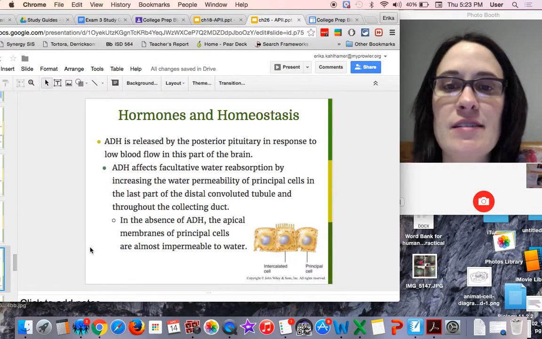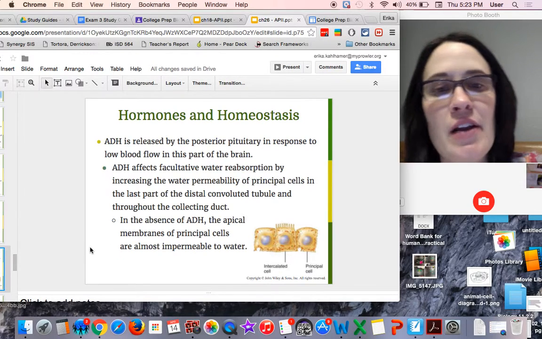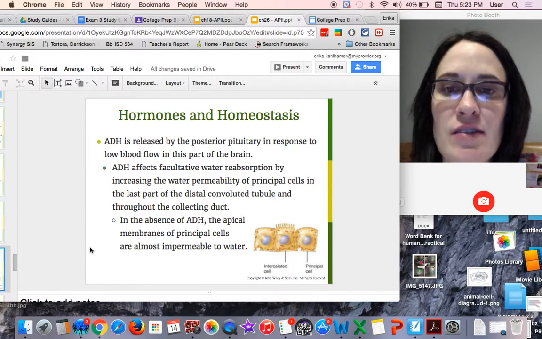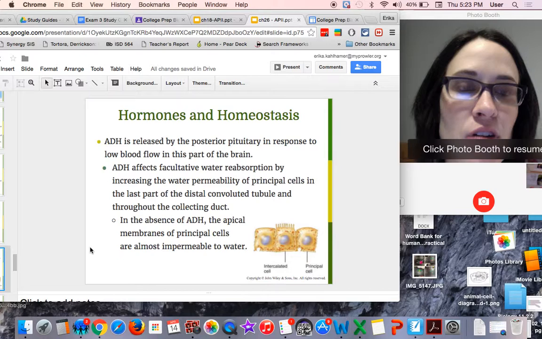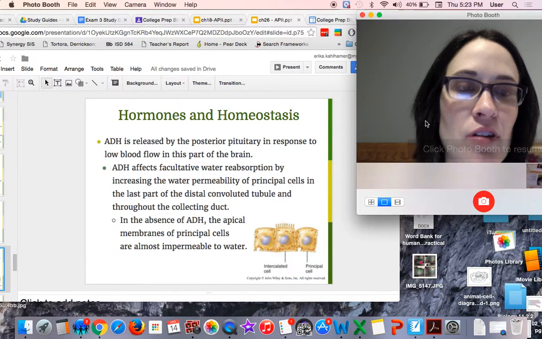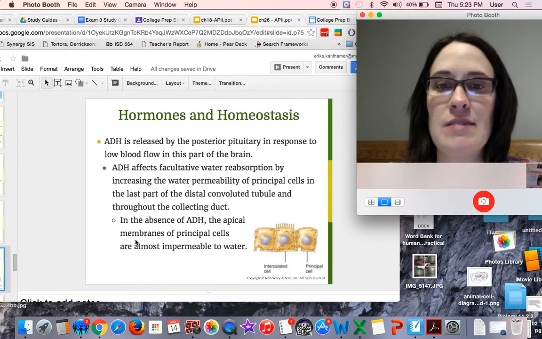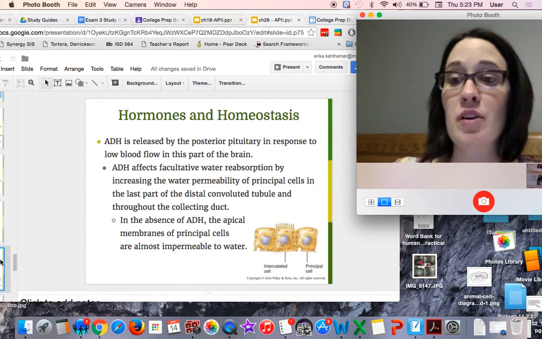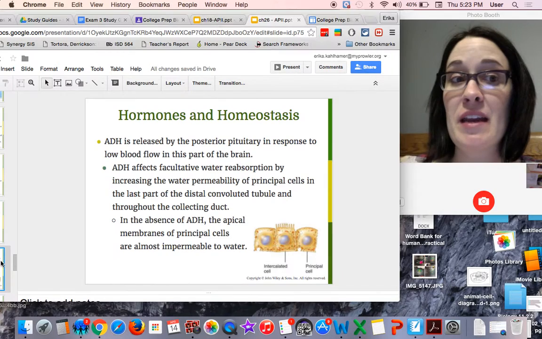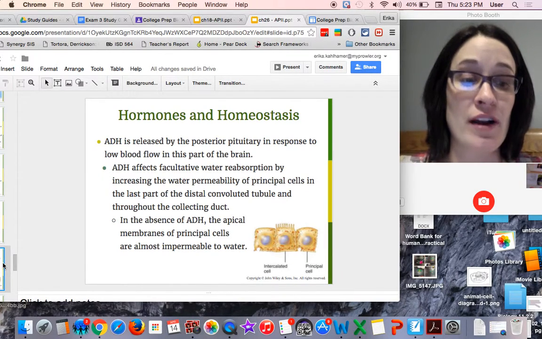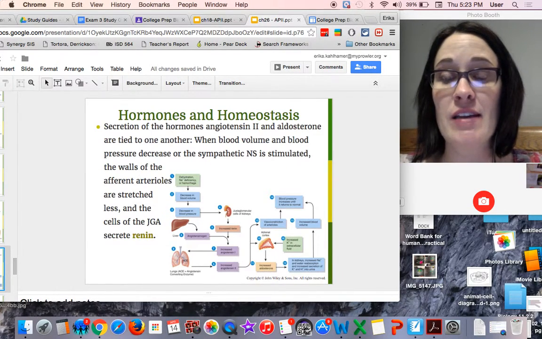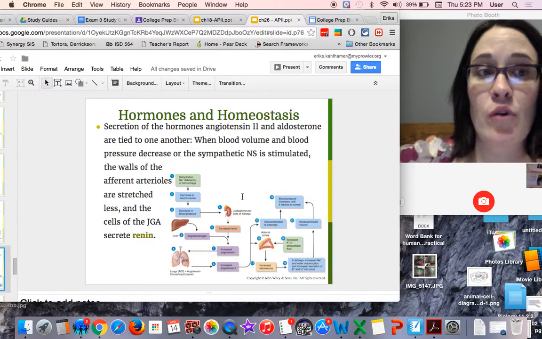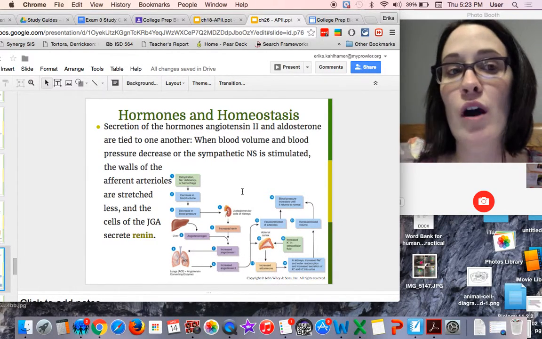It affects water reabsorption by increasing the permeability of cells in the last part of the distal convoluted tubule and the collecting duct. In the absence of that hormone, they're almost impermeable to water, meaning you're going to have more urine output. So antidiuretic hormone makes you hold on to more water.